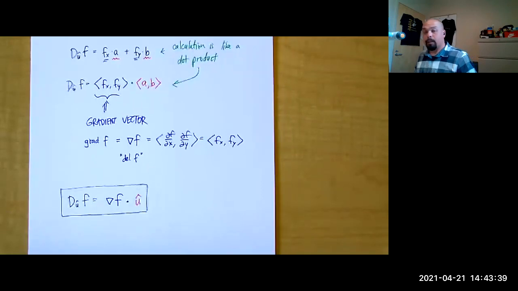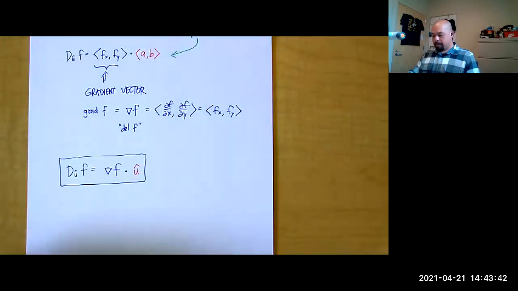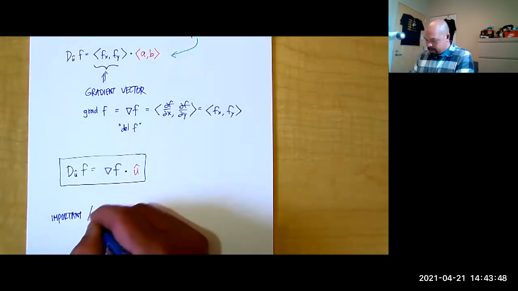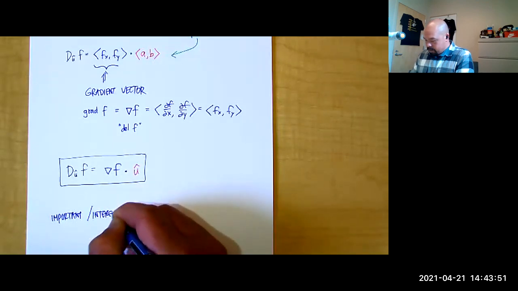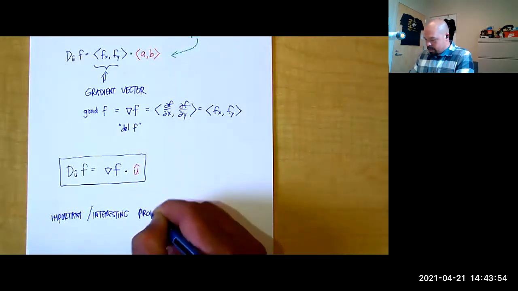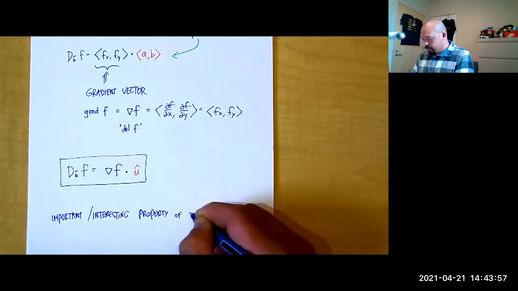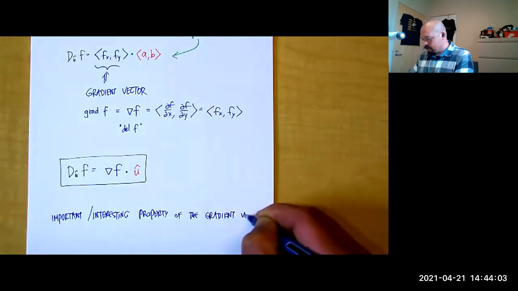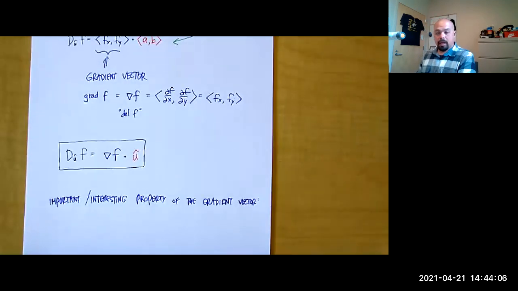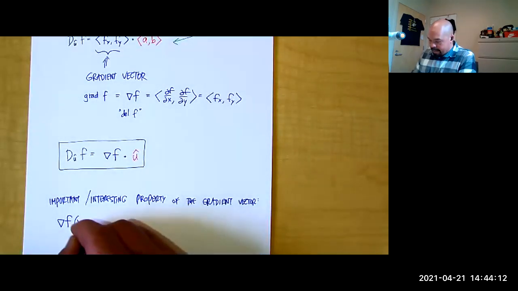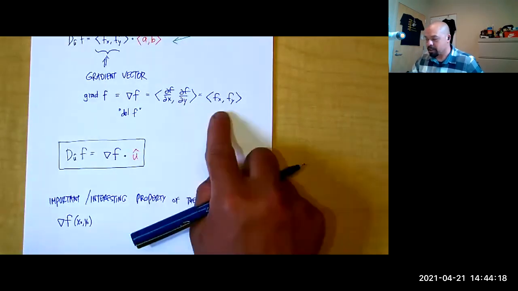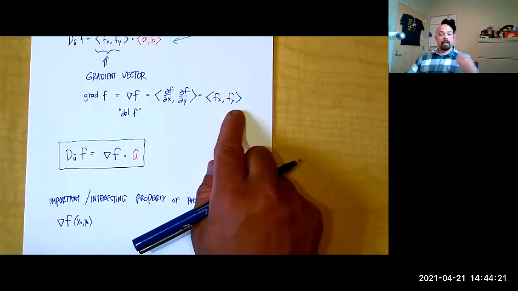And so an important and interesting property of that gradient vector, okay, we look at that at some points, and we get that gradient, and again, we evaluate at a particular point. So in that subscript f sub x, f sub y, we plug in a particular point.